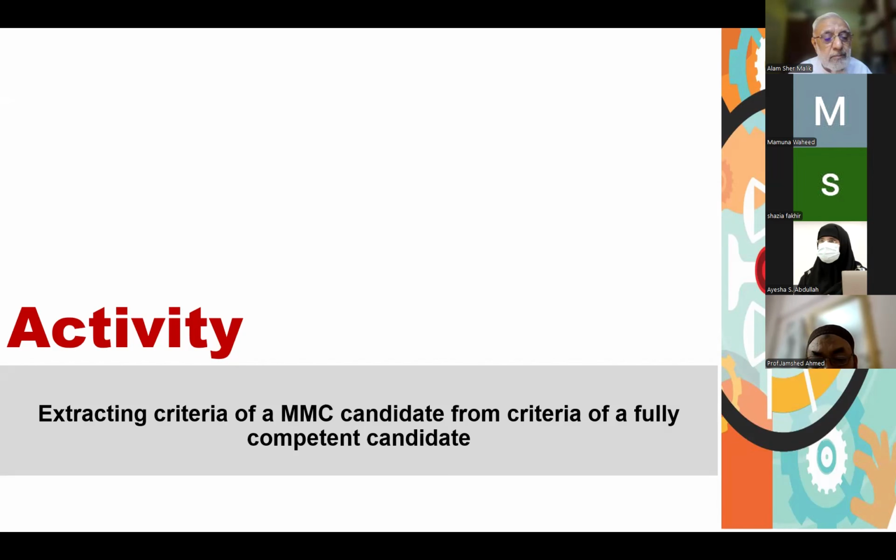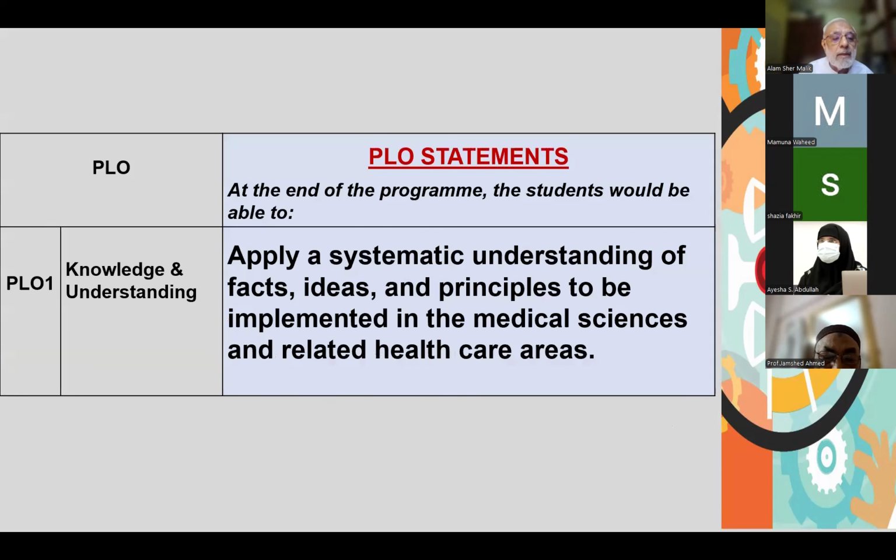here is the activity: extracting criteria of a minimally competent candidate from criteria of a fully competent candidate. I'll give you the example. This is the PLO, meaning program learning outcome statements. Program here means MBBS, and the learning outcome statements.